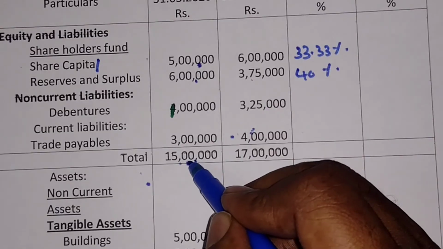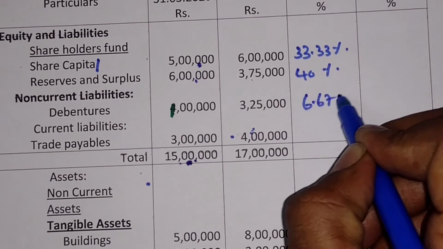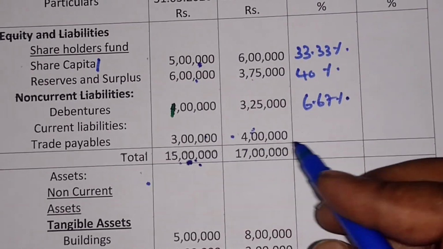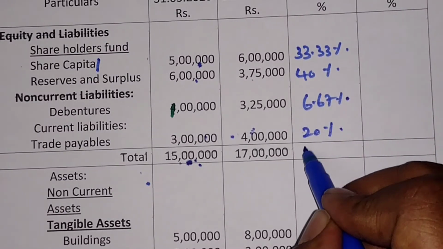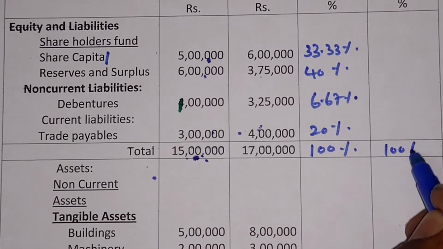1 lakh divided by 15 lakhs, we get 6.67%, and 3 lakhs divided by 15 lakhs we get 20%, and balance sheet is 100%.